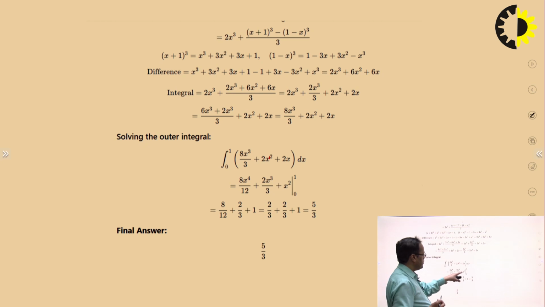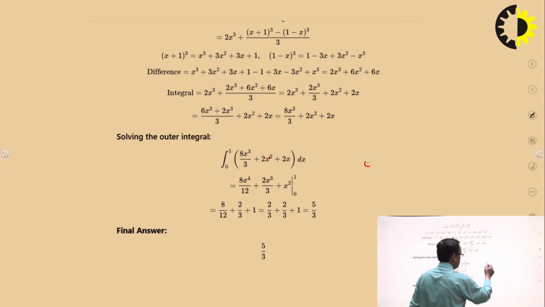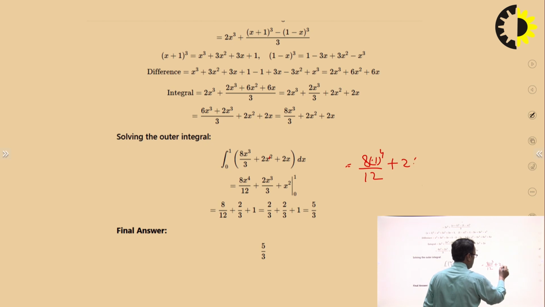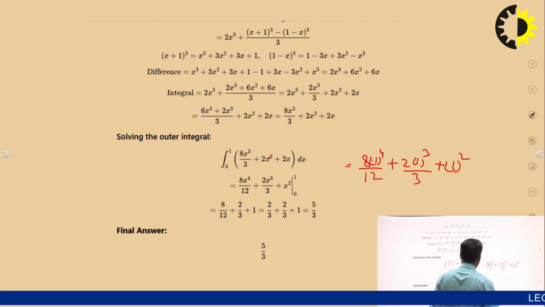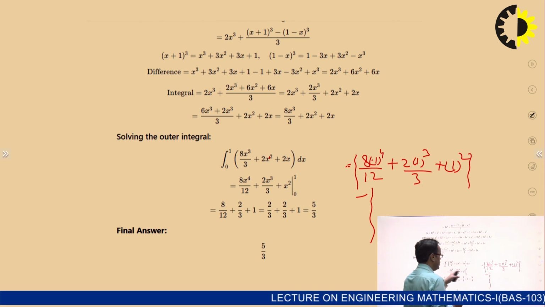First of all we put the upper limit 1: 8 into 1 to the power 4 by 12, plus 2 into 1 cube by 3, plus 1 square, minus the lower limit. The lower limit is totally 0.